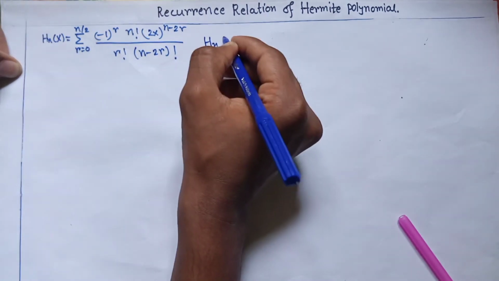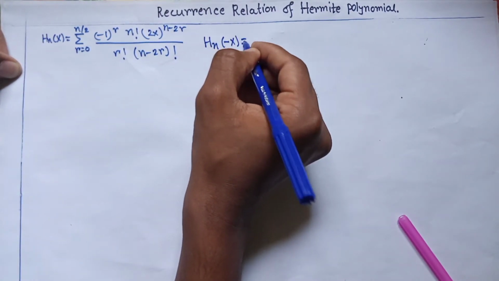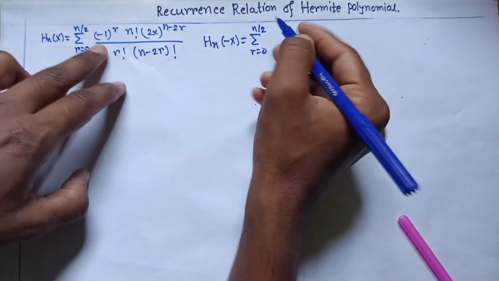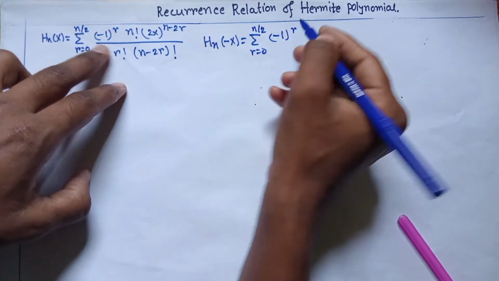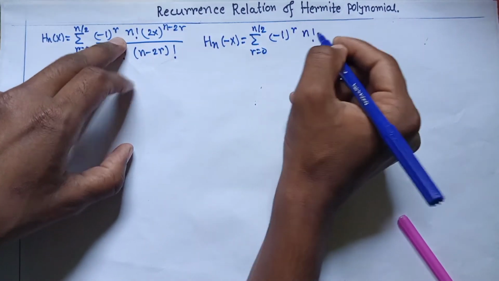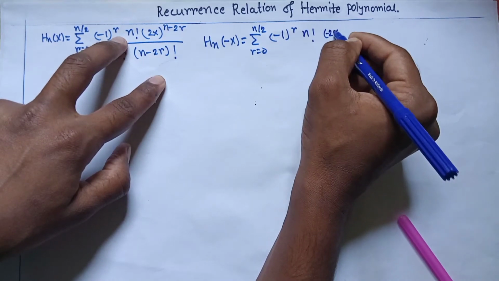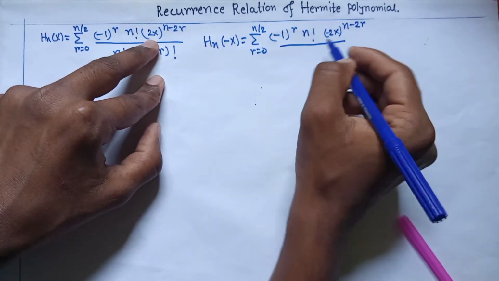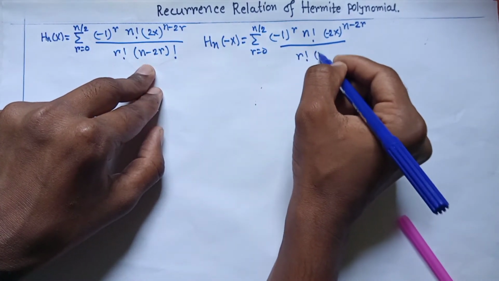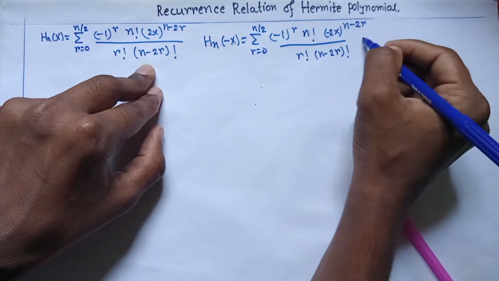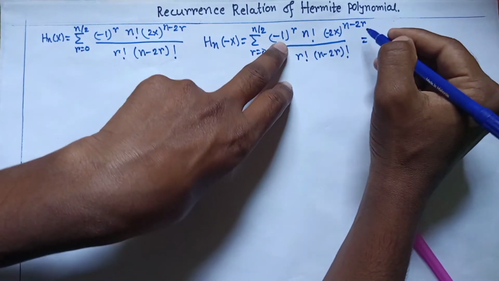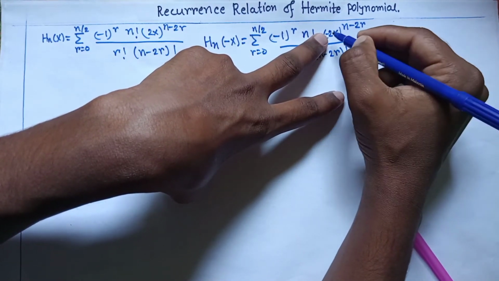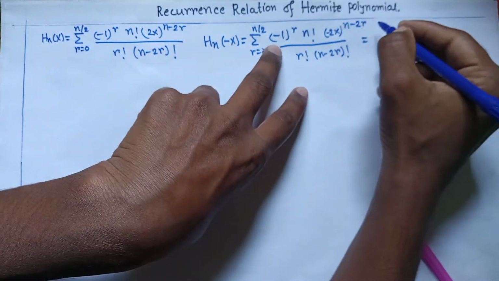We get Hn of minus x equals what? Summation r equals 0 to n by 2, minus 1 power r factorial n, minus 2x power n minus twice r, divided by factorial r into factorial n minus twice r. Okay, then this minus 1 power r, here minus 2x, we can write as minus 1 into 2x.